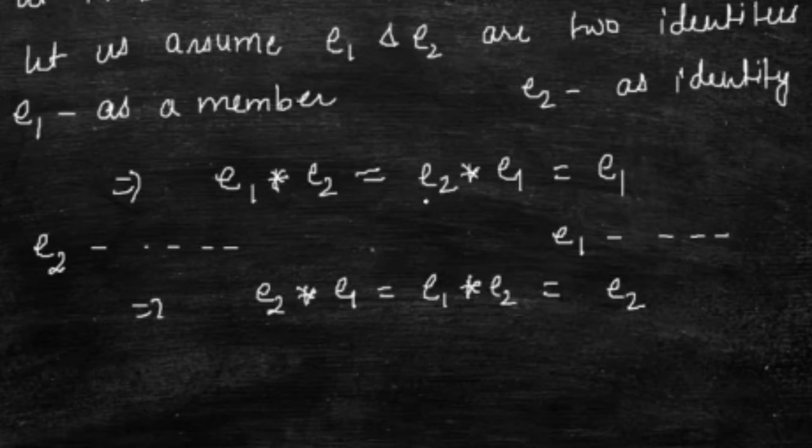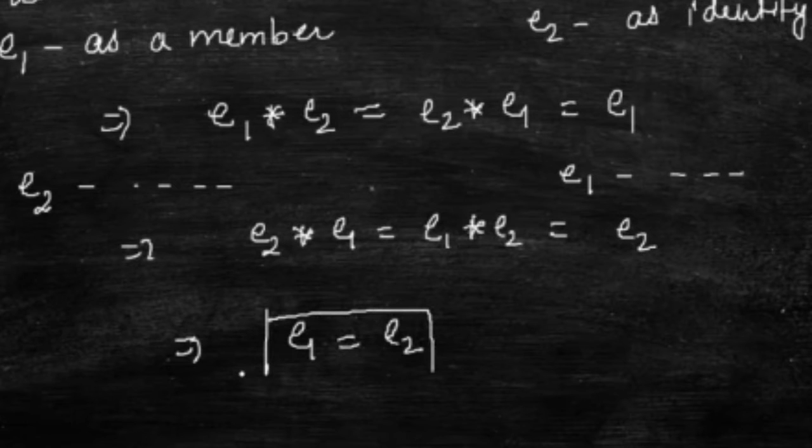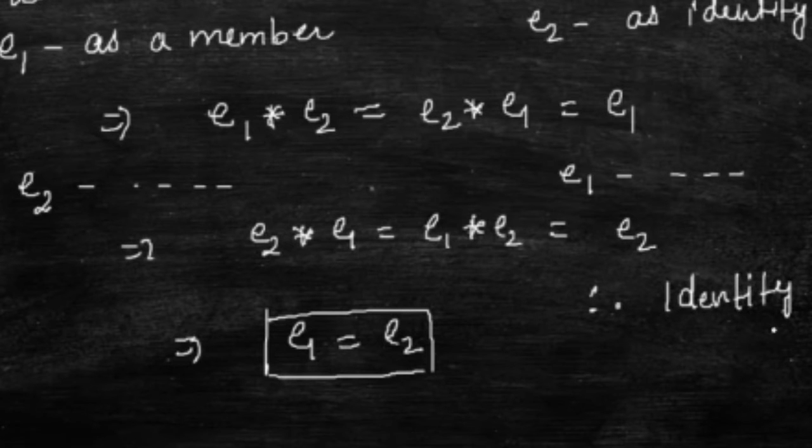Now I know E1 star E2 equal to E1, and I have E1 star E2 equal to E2. I can get E1 is equal to E2. That means if I start by assuming that there are two identities, ultimately these identities will be equal. So therefore I can say that the identity is unique.